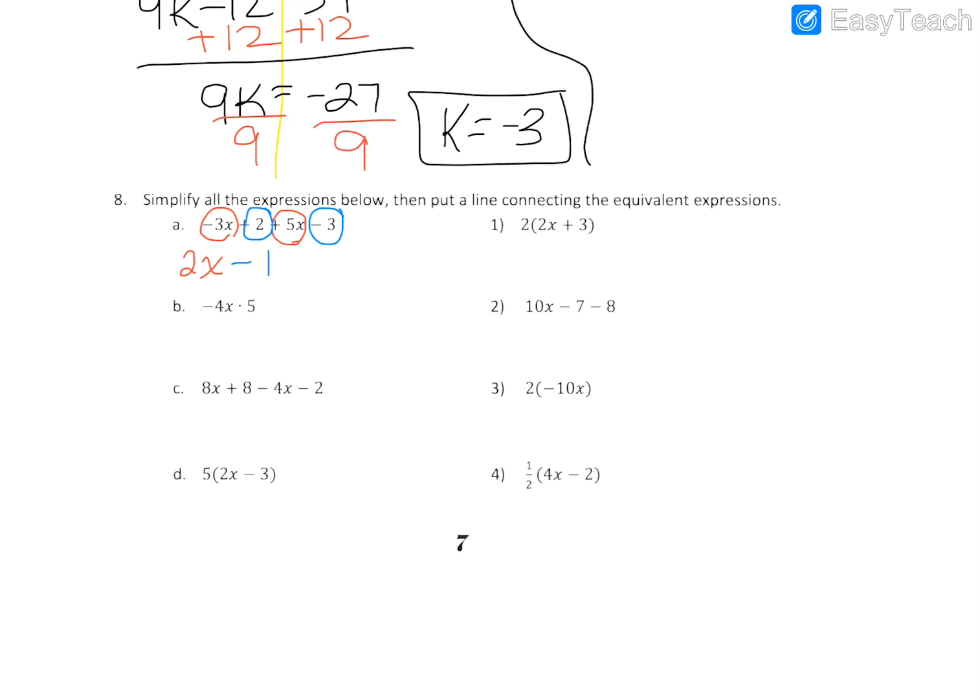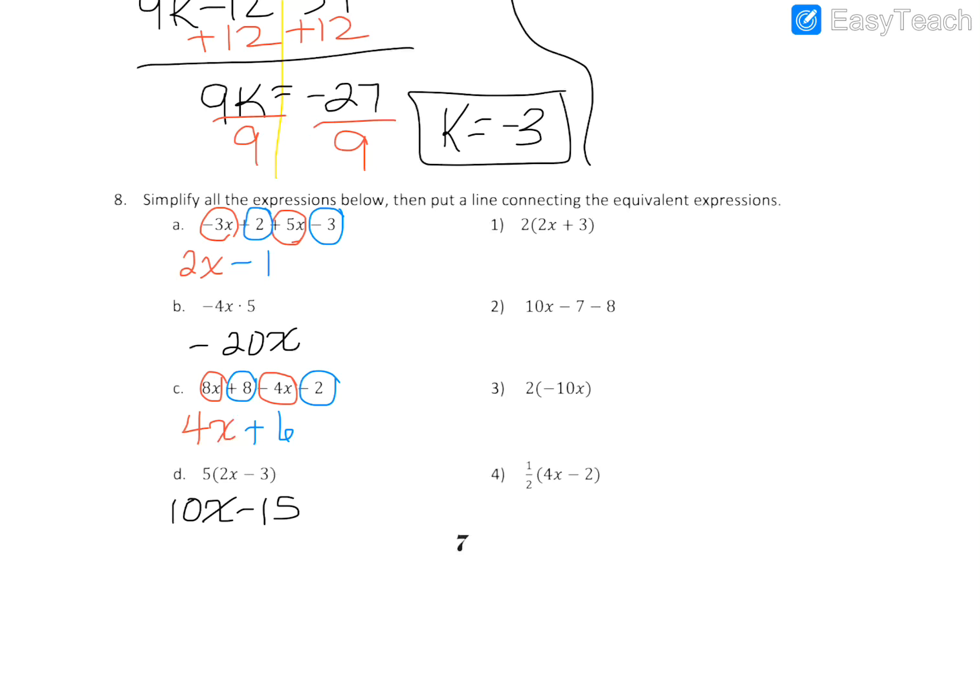We have -4x times 5. That's -20x. Okay, on C, we have 8x minus 4x. That's 4x. We have +8, -2. That's +6. Okay, and letter D, we're distributing the 5, so we get 10x minus 15.